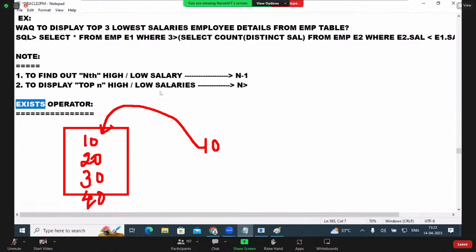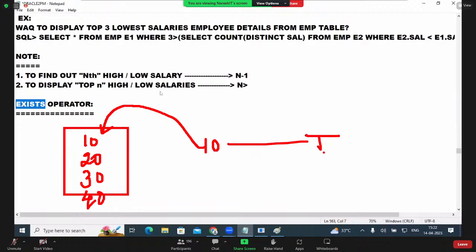So the EXISTS operator checks whether your required value exists in your table. If it exists, it returns true.